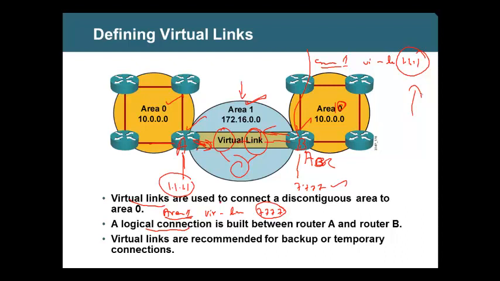So now all the updates going from area 10 will be encapsulated with 7.7.7.7 as the source and destination 1.1.1.1, and it will go to 1.1.1.1, and 1.1.1.1 is who? 1.1.1.1 is in area 0.